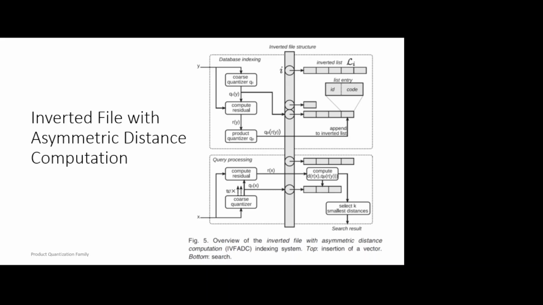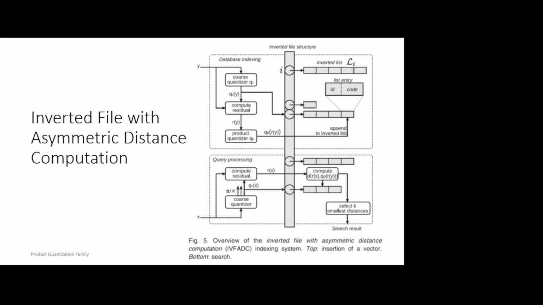So we assign this data to here, and this is an inverted list, and this inverted list will keep the data ID and also its PQ code. So it's the first level clustering. We call it the coarse quantizer.